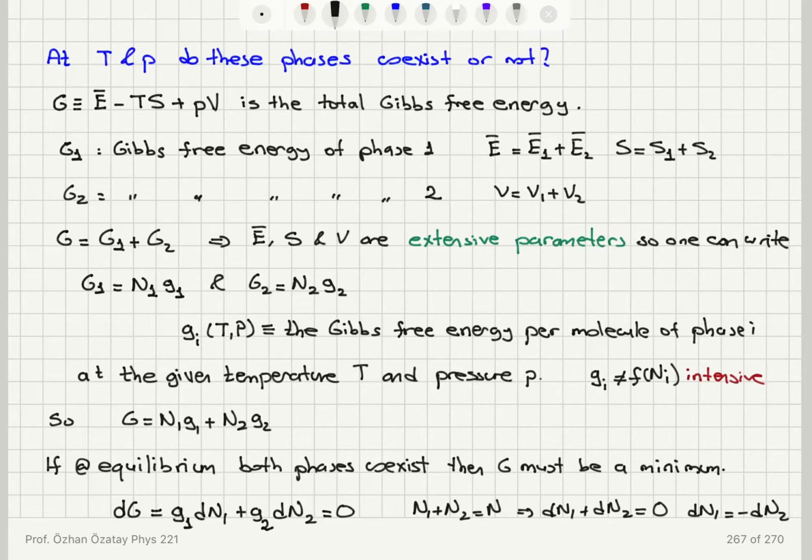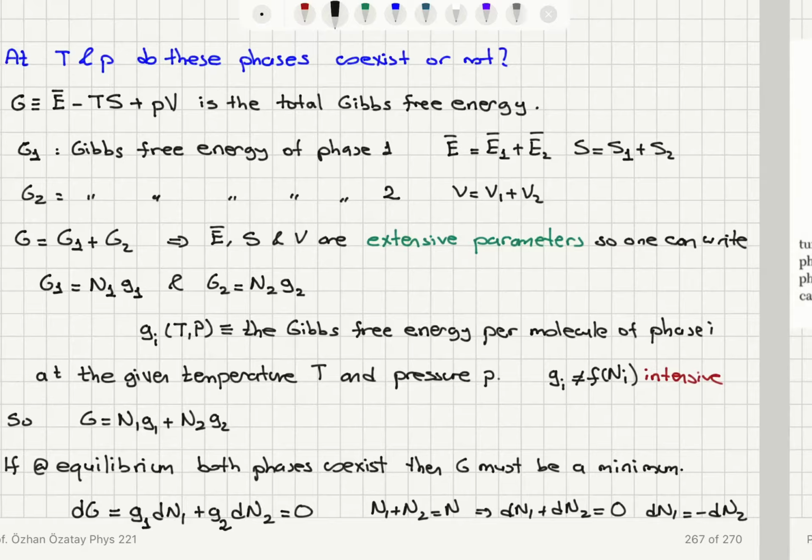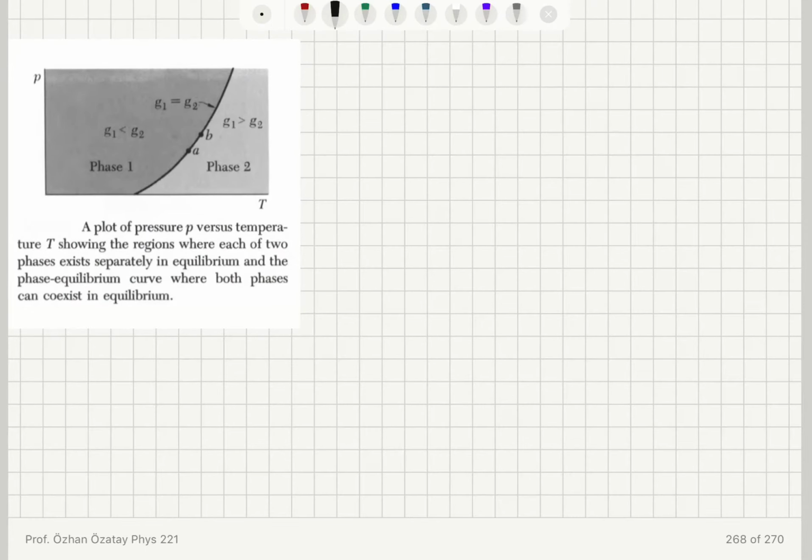So dN1 is equal to minus dN2. Basically, the number of molecules that transform from phase 1 to phase 2 is the same as from phase 2 to phase 1. So dN1 is minus the number of molecules we have lost in phase 2, so it's minus dN2. So this is going to give us G1 times dN1 plus G2 times dN2, which is equal to G1 dN1 minus G2 dN1. And this must be equal to 0 for extremum.